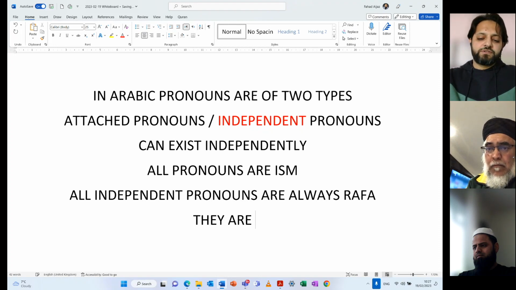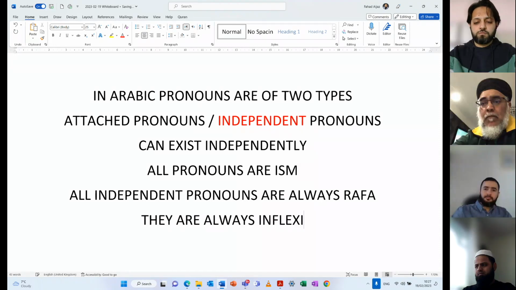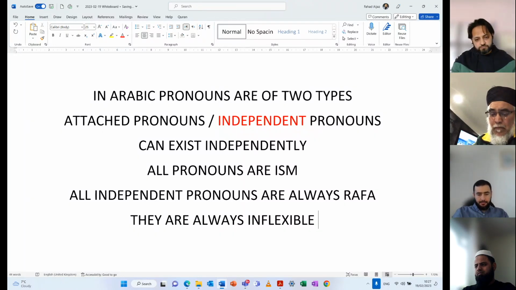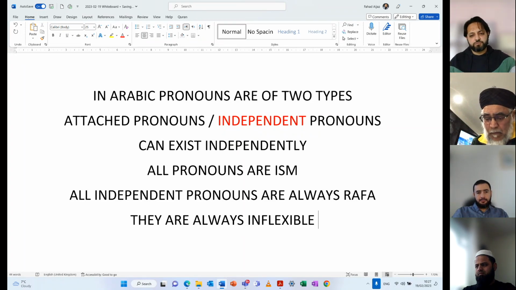They are always inflexible, or non-flexible. The independent pronouns are always non-flexible. In fact, not just independent pronouns are always inflexible, regardless of independent or not.